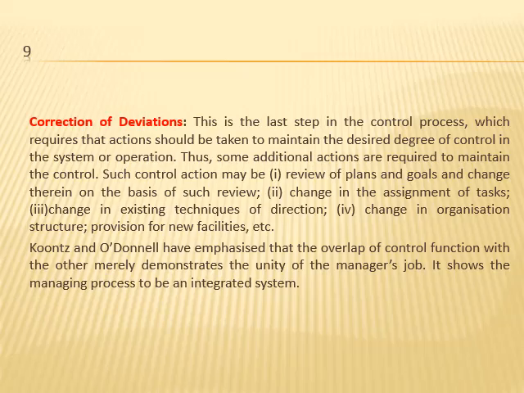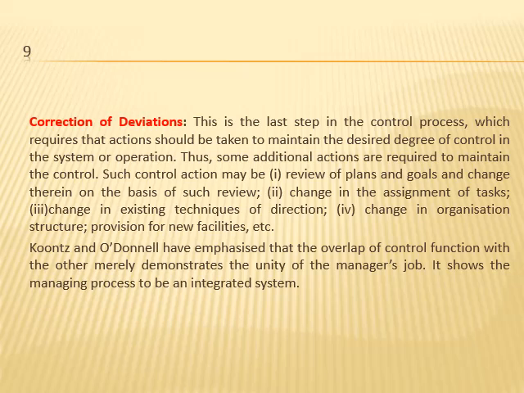Change in existing techniques of direction. 4. Change in organization structure, provision for new facilities, etc. In fact, correction of deviation is a step in the management control process which may involve either all or some of the managerial functions.